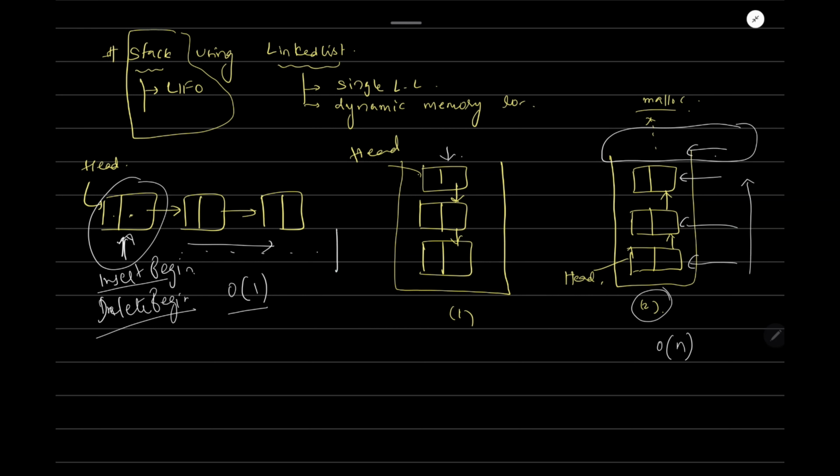If we are using the tail, we need to traverse from head to tail again, so the complexity is order of n. Here the complexity is order of 1 only. So it is better to use case 1. It is better to insert at the begin and delete at the begin instead of at the tail, so that there will be less complexity, and quick operations can take place in the data structure.